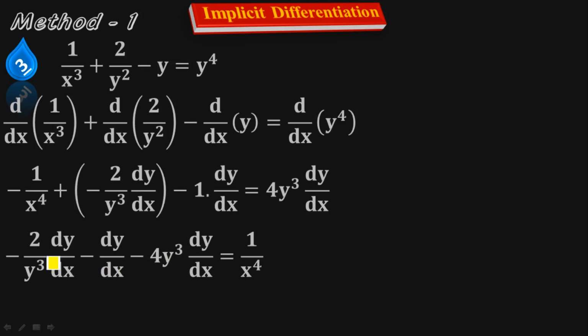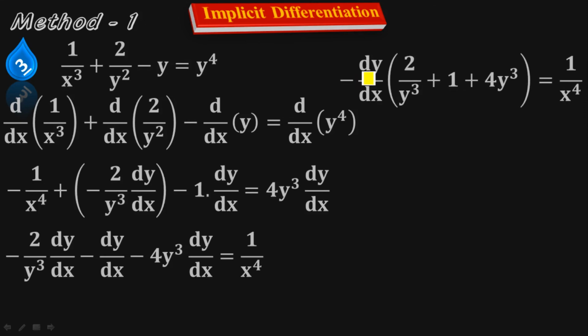Look at the left side. I have dy over dx common in all the terms. So just take dy over dx common from the left side. Therefore, I will have negative dy over dx times the quantity 2 over y cubed plus 1 plus 4y cubed equals 1 over x to the 4. I took negative common here.